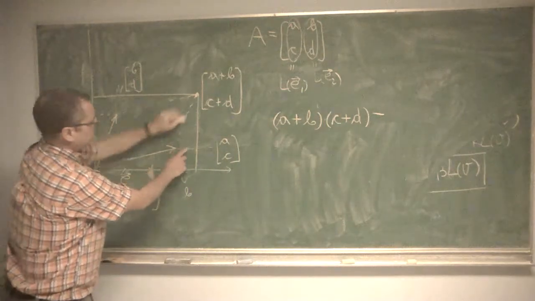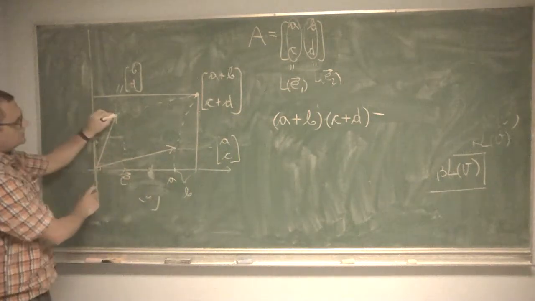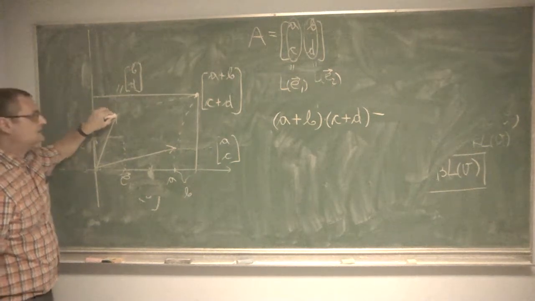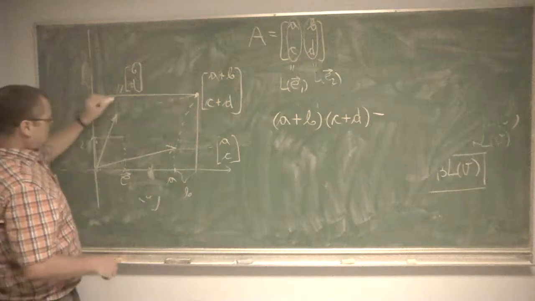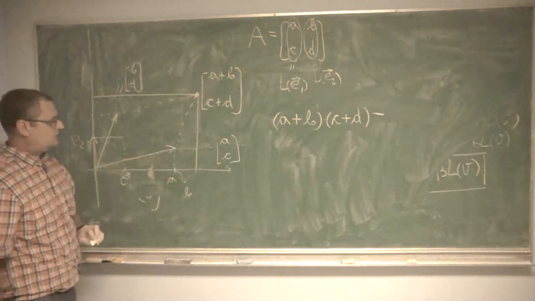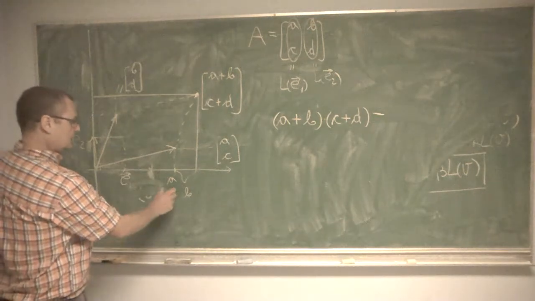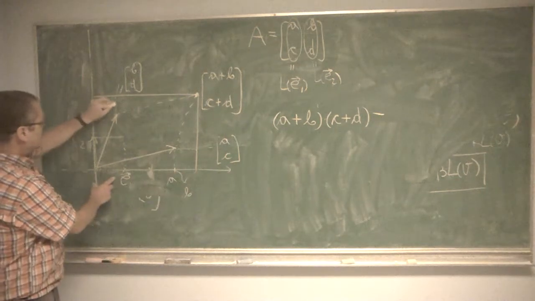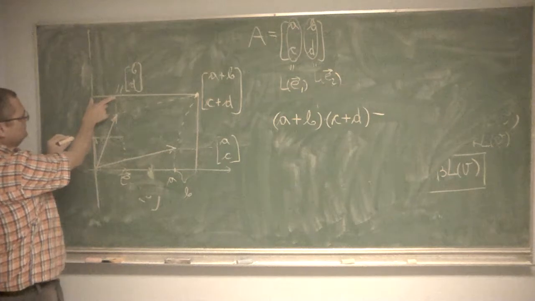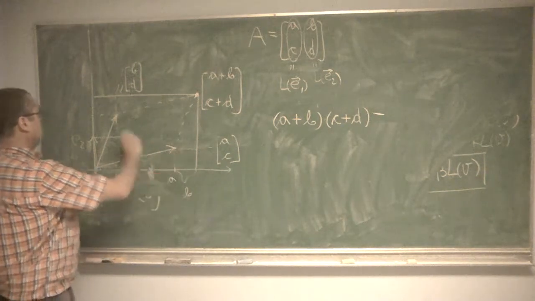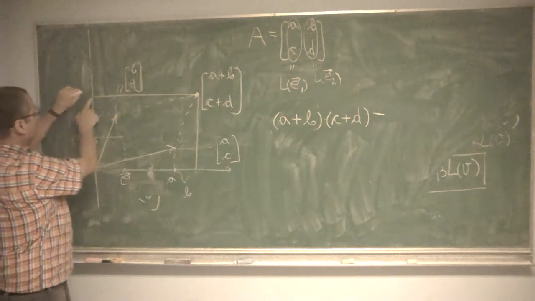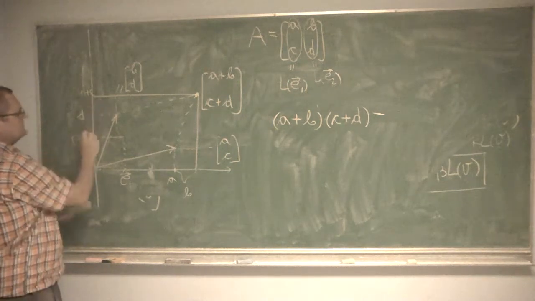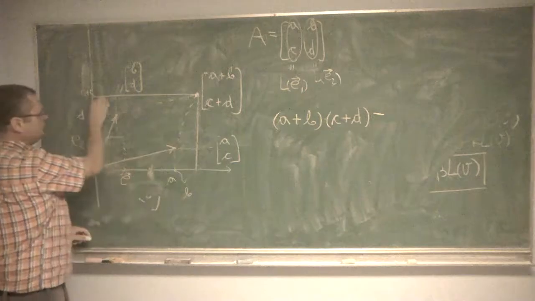So this triangle and this triangle, they are congruent, which is a fancy word for the same shape and size. These two guys, this one and this one, they are also congruent. And what else? This is B here. Also, this is the B coordinate. This is also B. This height is C, and this height is, this is D plus C, and this is D, so this is also C. So these two rectangles are congruent.